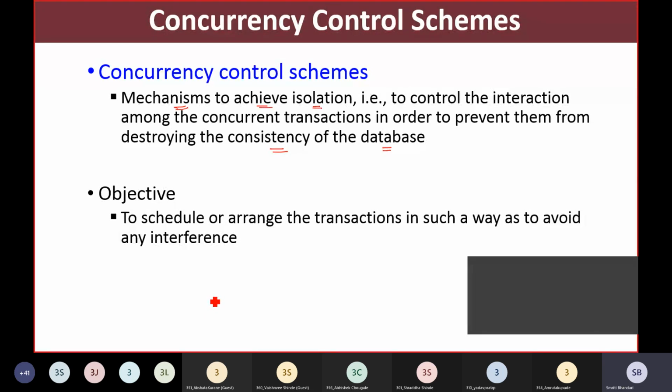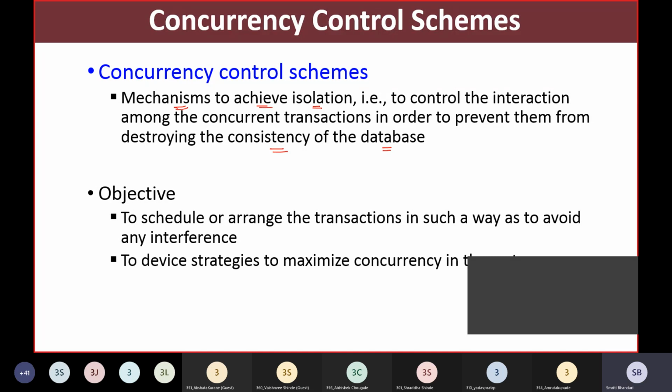But now we are going to have some control over this concurrent execution, right? So the first objective is to schedule the transactions in such a way as to avoid any interference. One transaction need not interfere with the execution of another transaction. So we need to take care of that, and accordingly, we need to arrange the transactions.